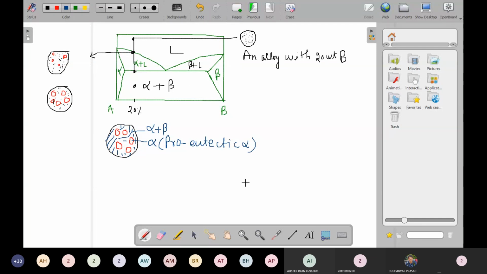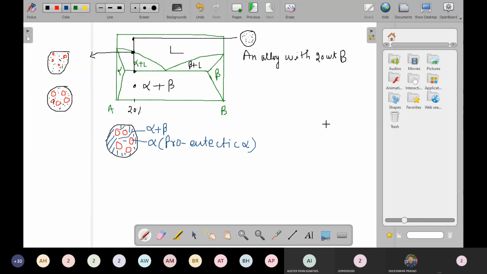We will see the same things again in the next class because I want you to have a better concept of all these things. All these things have very practical applications in the industry. Every day you see new materials coming into the picture. In order to develop new materials, you are supposed to have a better understanding of phase diagrams.